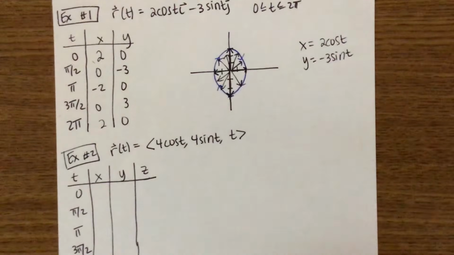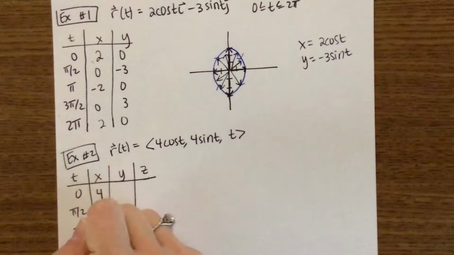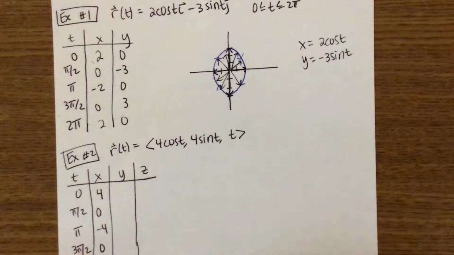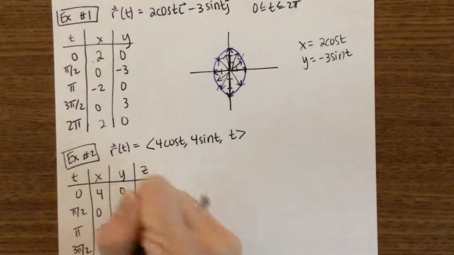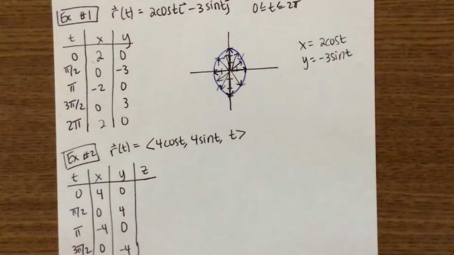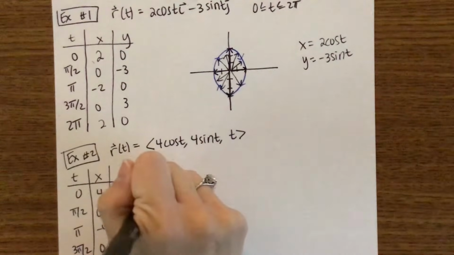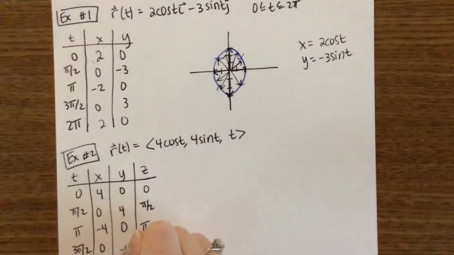I'm going to read you the x column going down. 4, 0, negative 4, 0, 4. The y column is going to be 0, 4, 0, negative 4, 0. Z column is going to be 0, pi over 2, pi, 3 pi over 2, 2 pi.